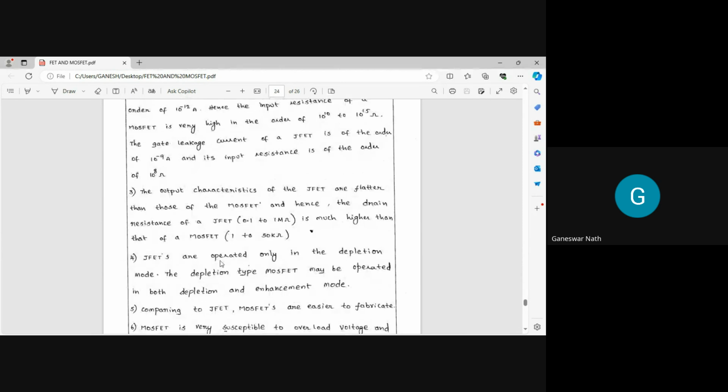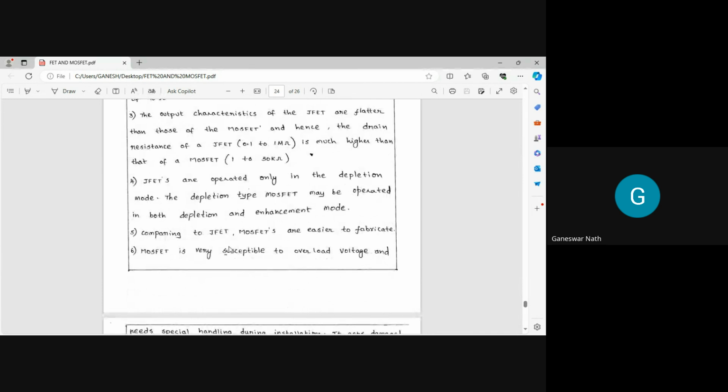JFETs are operated only in the depletion mode, and the depletion type MOSFET may be operated in both the depletion and the enhancement mode. These are all comparisons that you can see. Compared to the JFET, MOSFETs are also easier to fabricate.